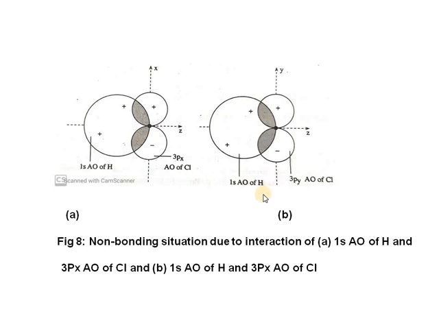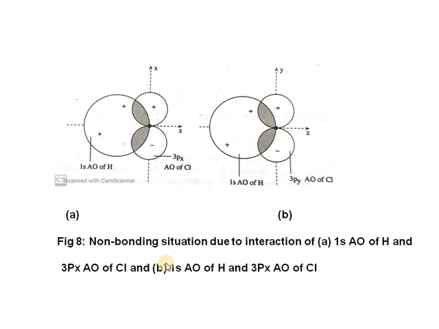Similarly, in the other diagram, the large circle atomic orbital of hydrogen can overlap along the y axis with the 3py atomic orbital of chlorine, which has a similar dumbbell shape.